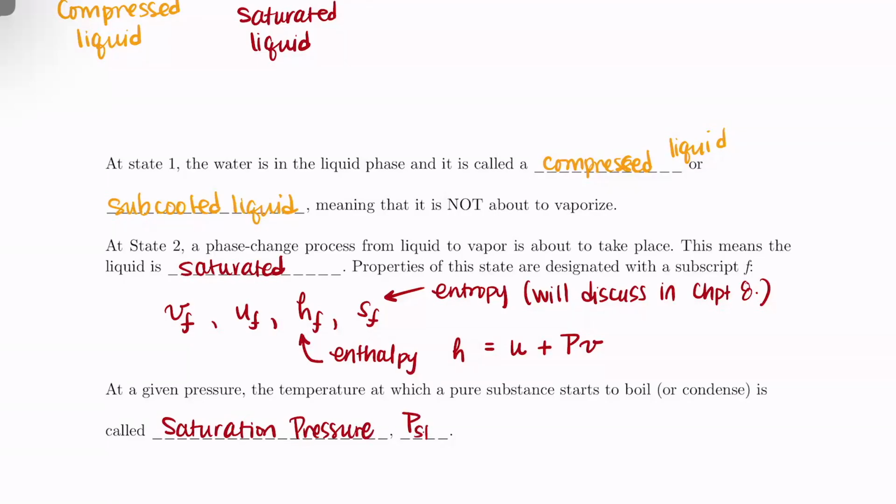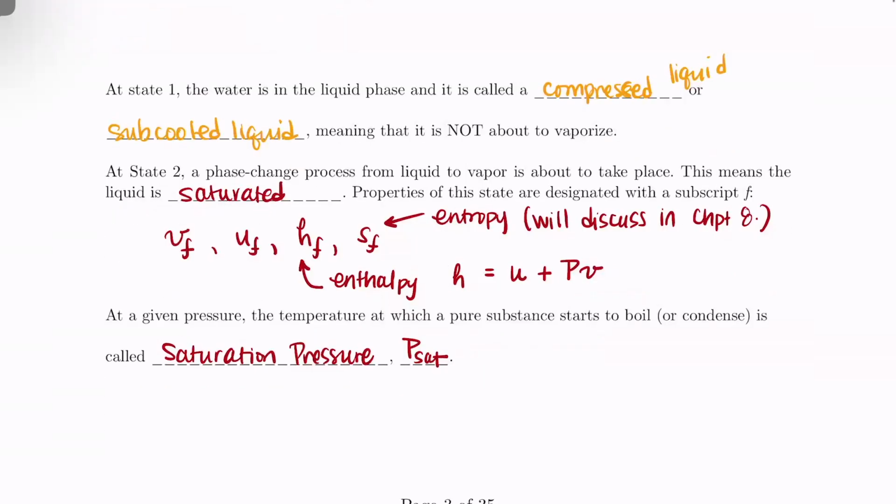Or PSAT. Oh gosh, I'm sorry. We're talking about temperature right now. So this is saturation temperature or TSAT, and I spoiled it myself, but we're going to talk about saturation pressure as well in just a second.